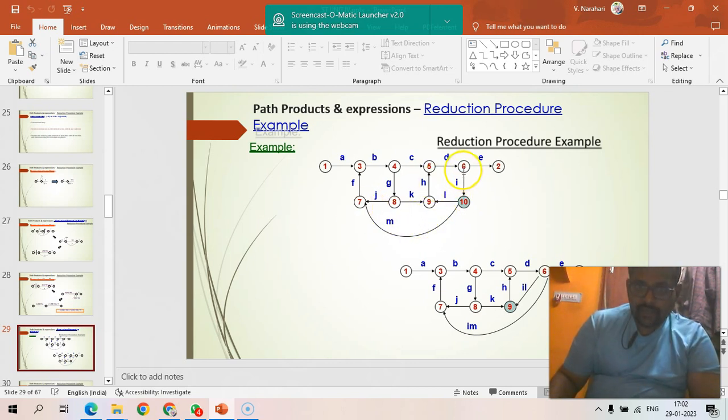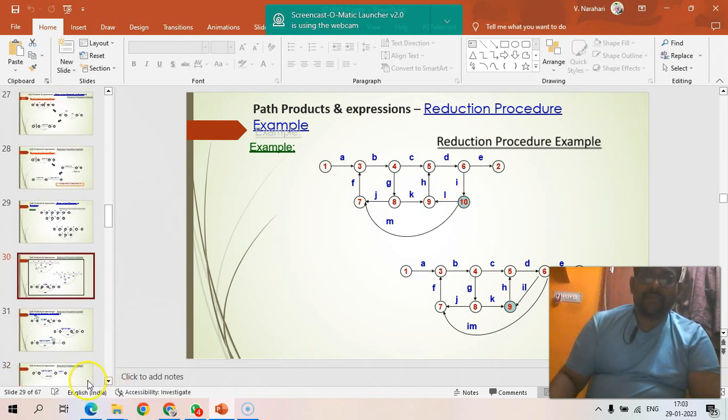This is serial: 6 to 10, 10 to 9, and 6 to 10, 10 to 7. So we have to apply the serial rule. So 6 to 9 is IL, 6 to 7 is IM. We have applied the serial rule and node 10 is removed.